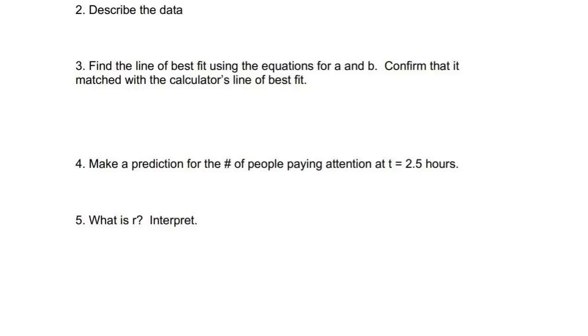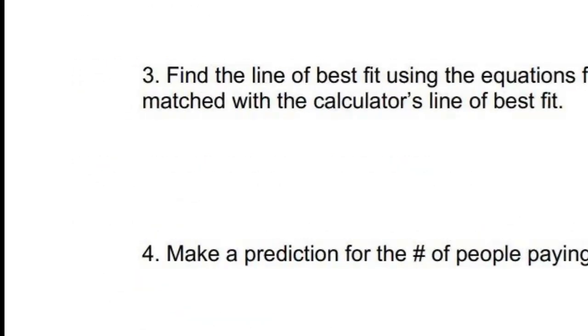It says, find the line of best fit using the equations for A and B. And I'm going to ask if you guys remember what the equations are for A and B. Does anybody remember what those are? So B would be your slope, right?